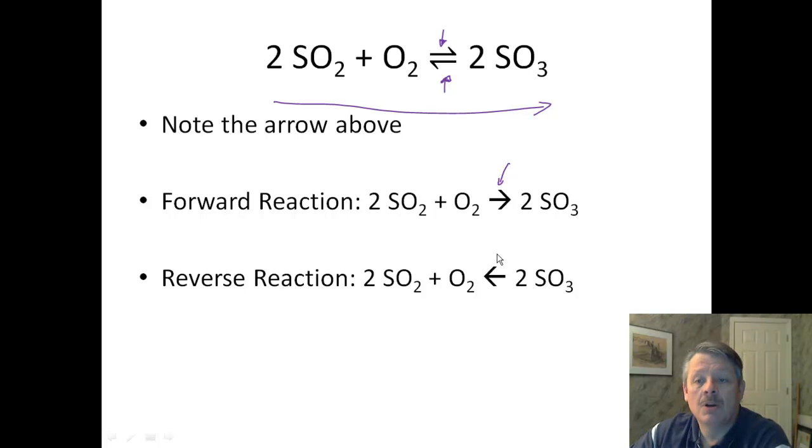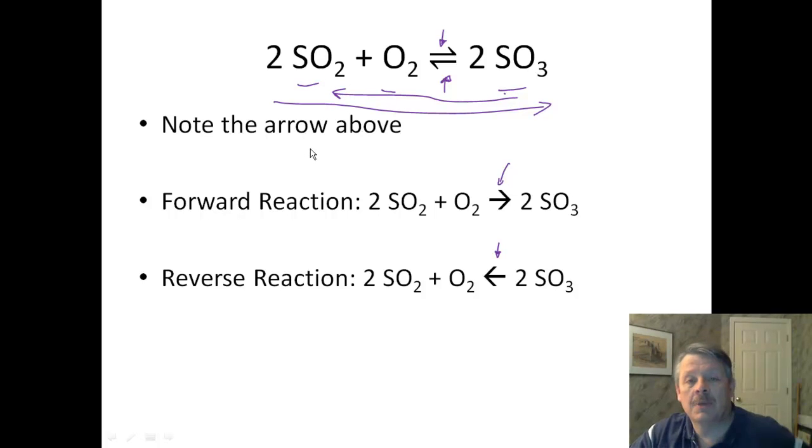But we also have a backward reaction, which is the same reaction with the arrow going in the opposite direction. And that's what we call the reverse reaction. So we actually have two reactions going on. The sulfur dioxide is combining with the oxygen to make sulfur trioxide, but at the same time, some of the sulfur trioxide is decomposing back in the other direction to make sulfur dioxide and oxygen.